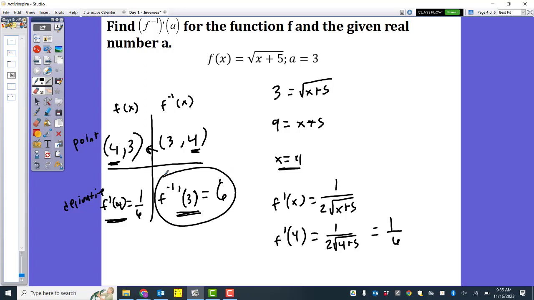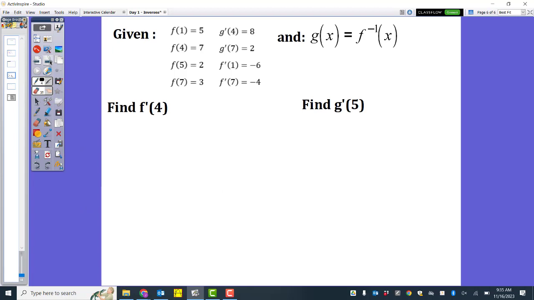Now, the big way you'll tend to see these problems, though, is something like this, where it gives you a bunch of values, and it says f and g are inverses. Okay? F and g are inverses. That's what it's telling us. So let's start with this first one. We want to find f prime of 4. So we'll say this is f of x, and this is g of x, which is the inverse.